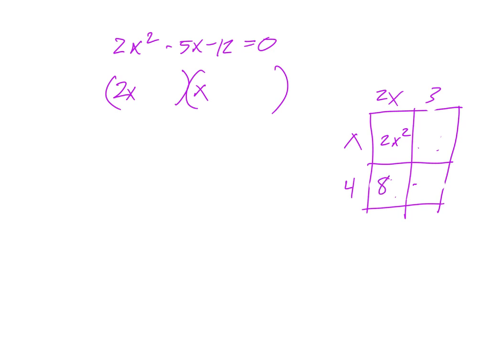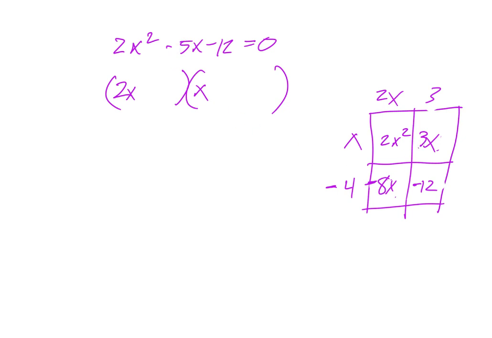This will give me 8x, this will give me 3x, and the difference is 5. I want it to be negative, so this is the negative because it'll be the bigger value, making this the -8x. This will still be -12, and now I have middle terms, -8x, +3x, they add to -5x.